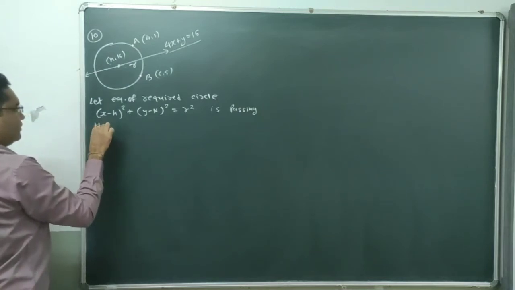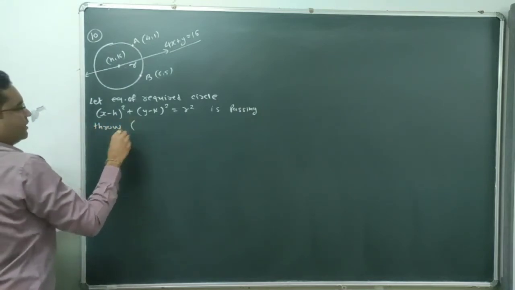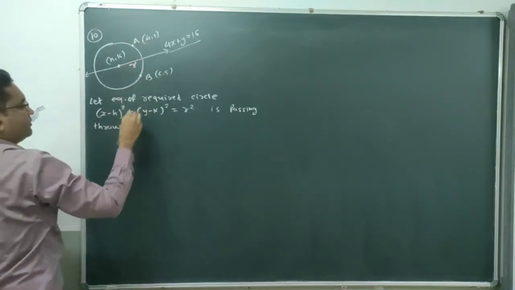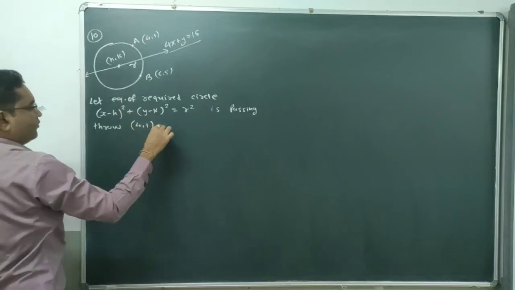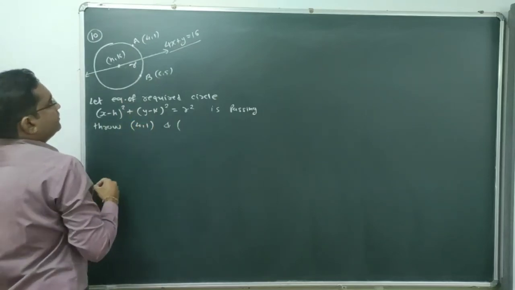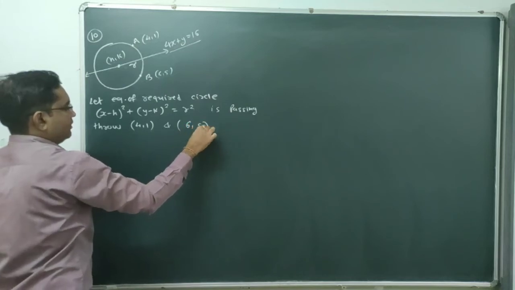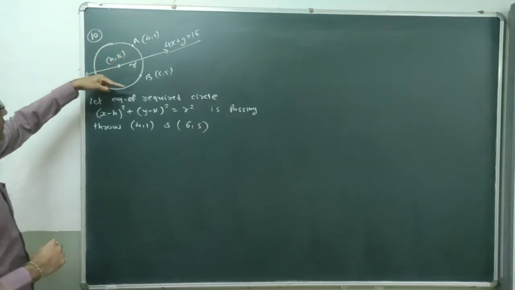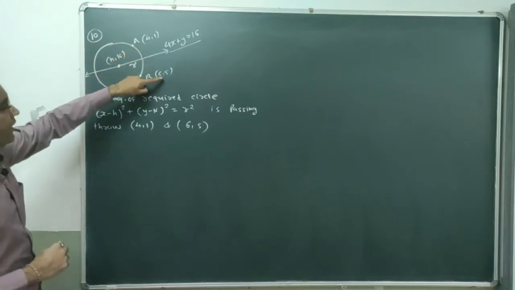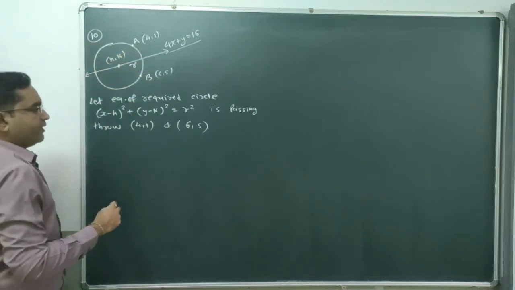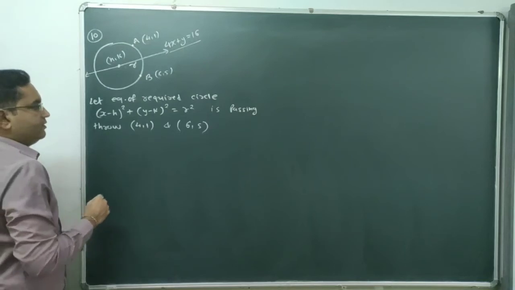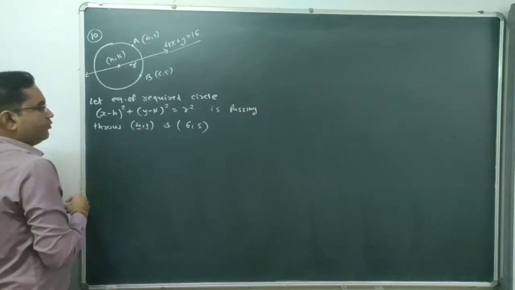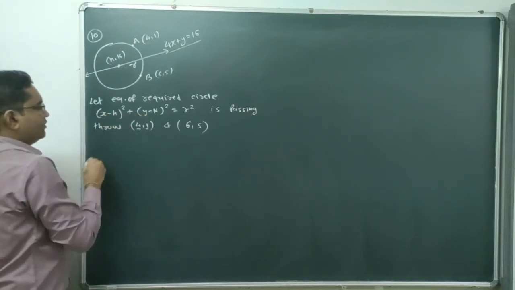Which 2 points? 4 comma 1 and another point 6 comma 5. Hence we can say these coordinates of the points will satisfy our equation.